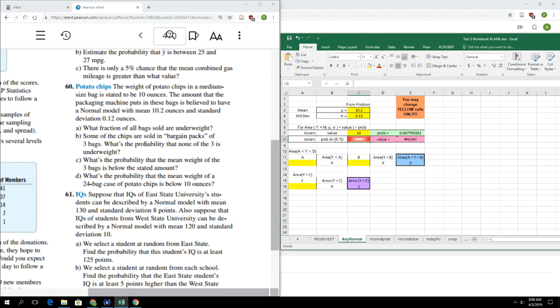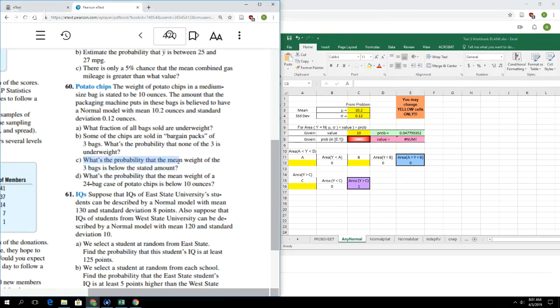There's a 4% chance each bag is underweight. What's the chance that we get 0.953 times 0.953 times 0.953, right? Do it that way. Let's move on to part C.